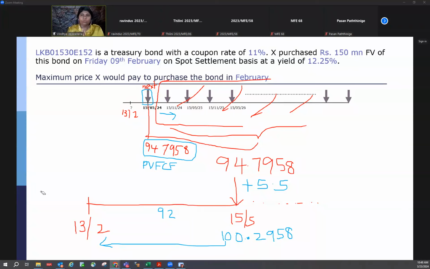So what's the equation that you will use? Present value equals future value discounted by 1 plus r to the power n. That's it.